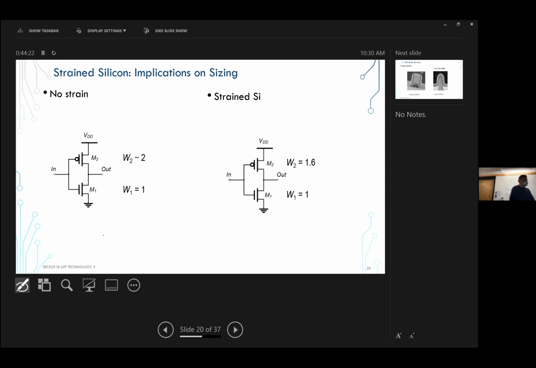Yes. Please explain how compressive channel strain increases mobility. The question here is, how does compressive channel strain increase mobility? Now, I am not the world expert in solid state physics, but essentially, as it compresses the lattice structure, the crystalline structure, the spacing of the atoms, it enhances the mobility of holes.